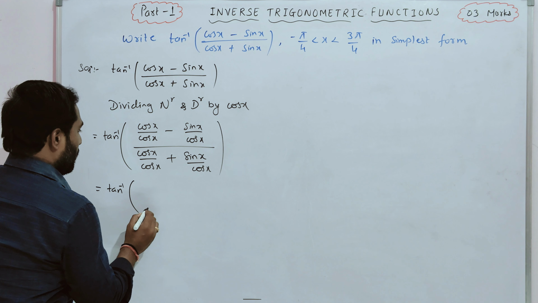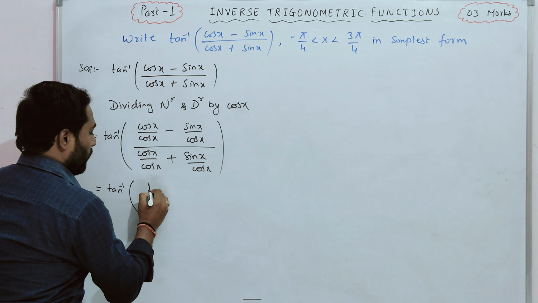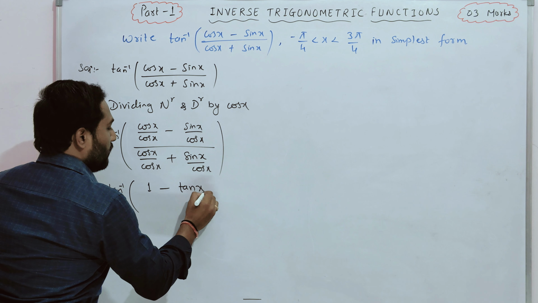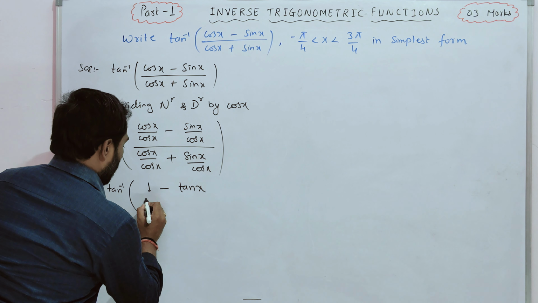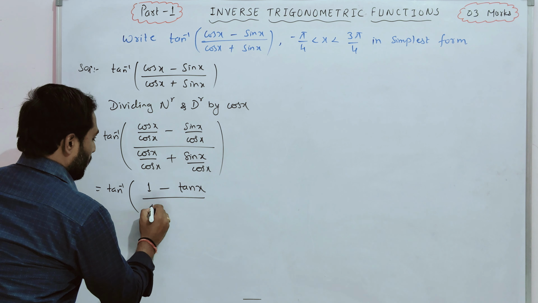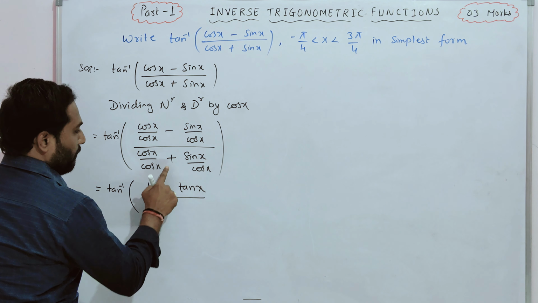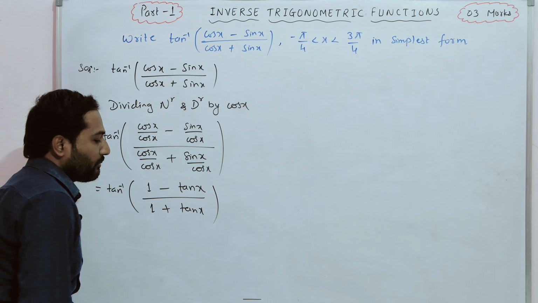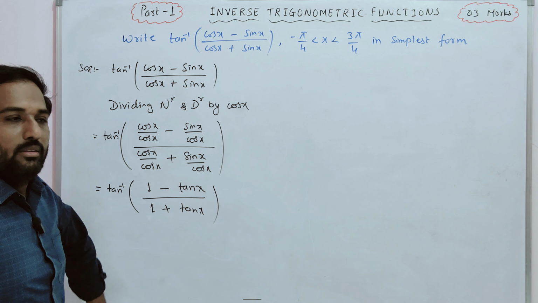Tan inverse of cos by cos is 1, minus sin by cos, which you already know is tan x. And divided by cos by cos is again 1, plus sin by cos is again tan x. Are you following this?